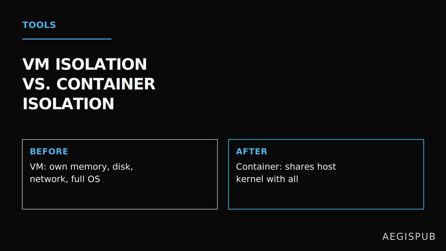A container, by contrast, shares the host OS kernel with all other containers on the same host, but the container runtime isolates the file system, process namespace, network namespace, and user namespace of each container from every other. The isolation is partial. The common mechanism is reduced, but not eliminated.